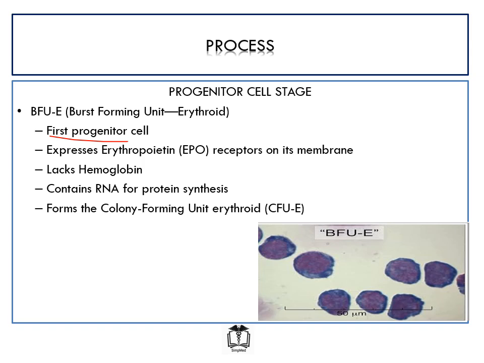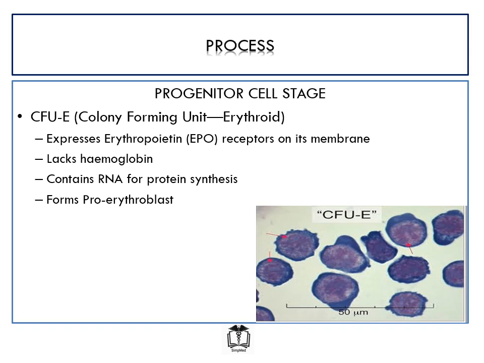And how we tend to know that is that it expresses erythropoietin receptors on its membrane. However, it lacks hemoglobin, and it contains a large amount of RNA for protein synthesis. This burst forming unit erythroid would undergo cell differentiation and eventually give rise to a new form of cell called colony forming unit erythroid, which we'll talk about next.